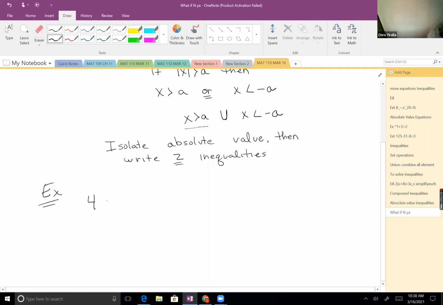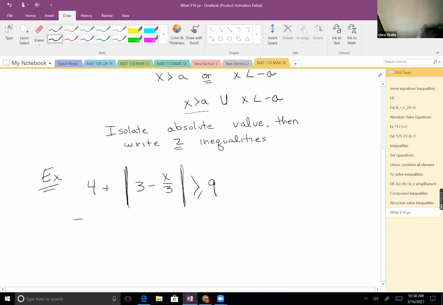Let's look at 4 plus the absolute value of 3 minus x over 3 is greater than or equal to 9. Again, we want to get the absolute value bars alone. So the first thing we're going to do is subtract 4 from both sides, which gives me the absolute value of 3 minus x over 3 is greater than or equal to 5.